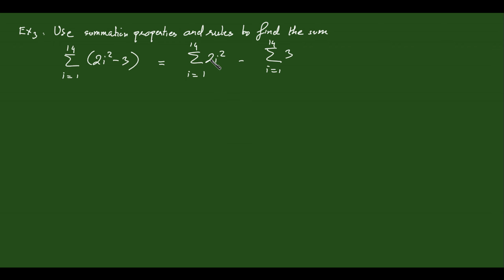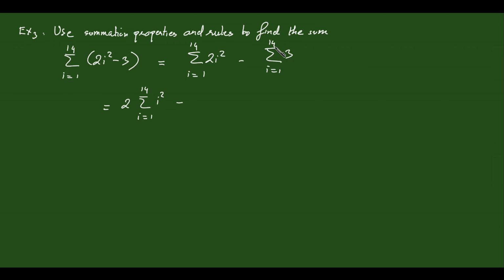For the first one, you see this is a constant right here. You can use the third property, so I can move 2 to the front, times the sum of i squared, minus. For the second you can use the fourth property.